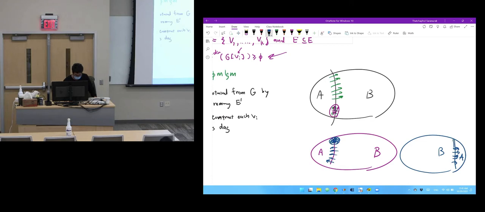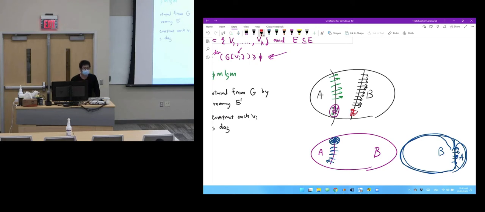And now we recurse inside B and inside A. Inside A and B you will keep finding more cuts, and you make it such that there is just one direction, and you might remove a few edges.